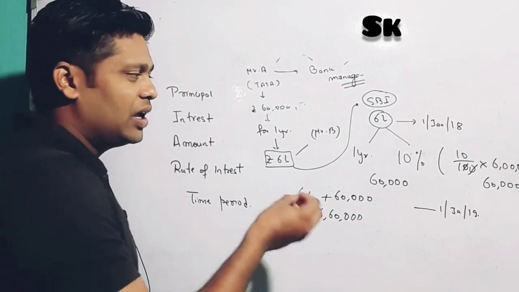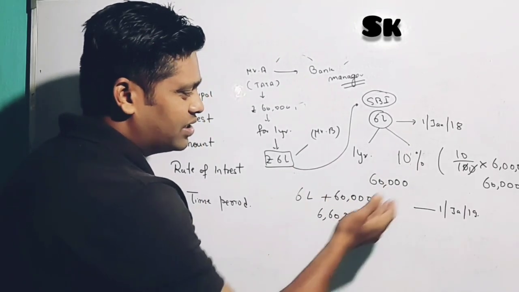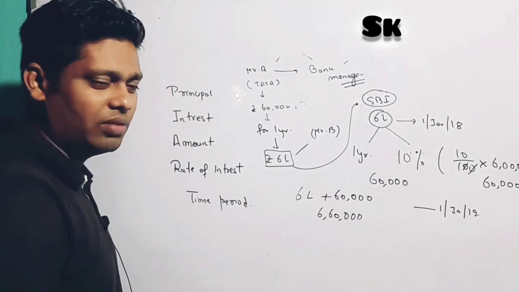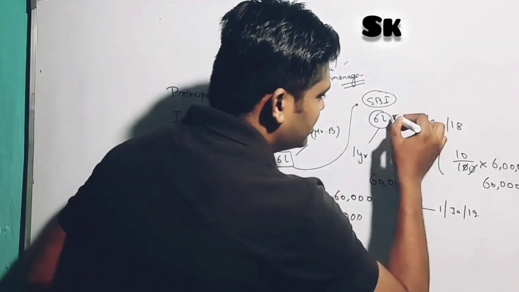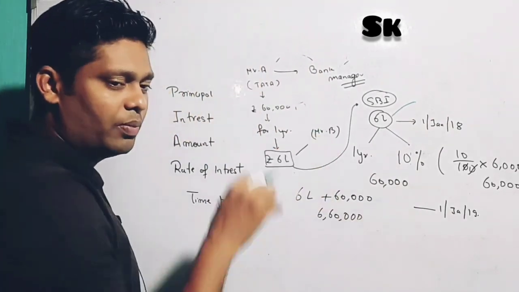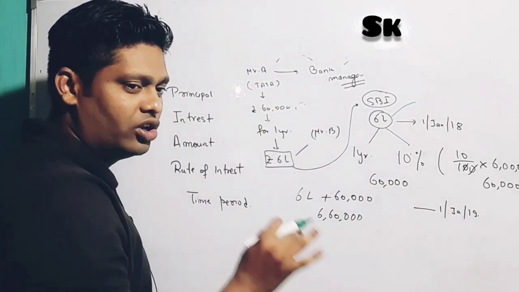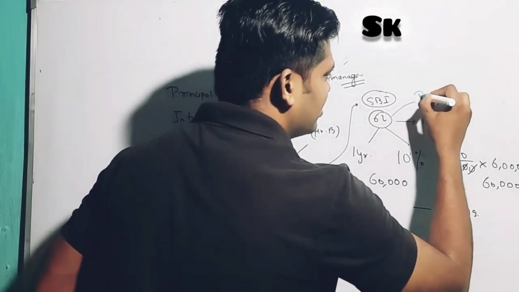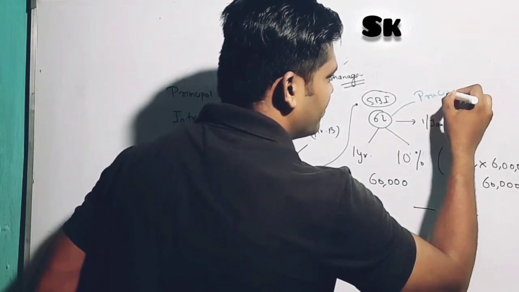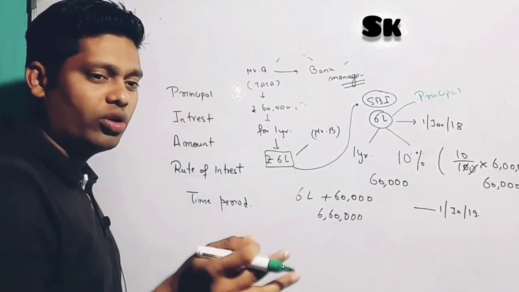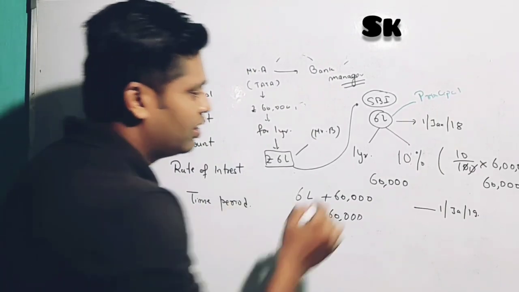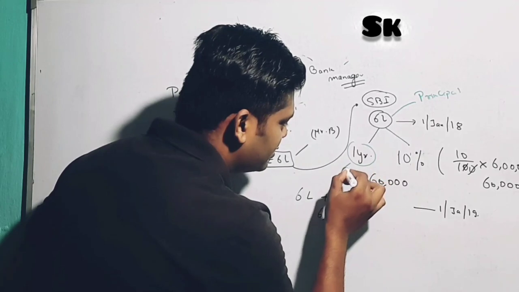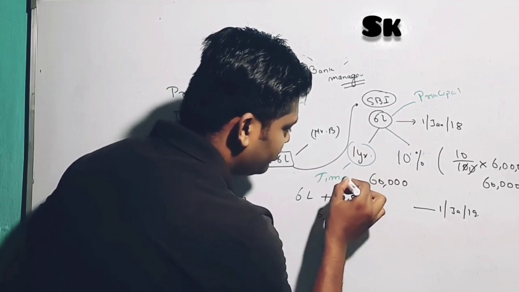Now I am writing 1 year, 10%, making confusion, so with all these numbers, let us give them names. Nice, easy names. This 6 lakh which a person brought to the bank manager to give to him, that is termed as principal. Whatever amount you are bringing to the bank to deposit, that is the principal. And this is for 1 year, this is the time period.